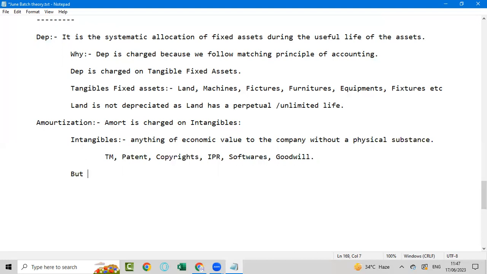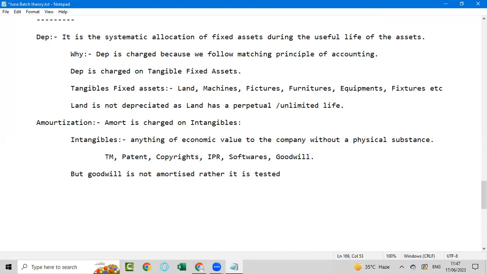But goodwill is not depreciated. Rather, it is, sorry, goodwill is not amortized.